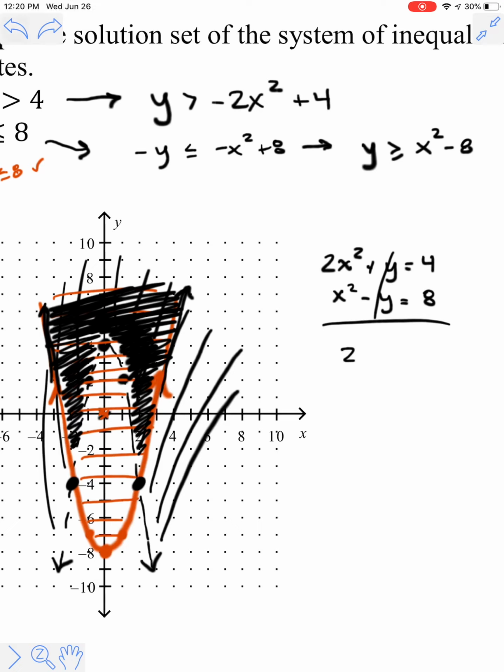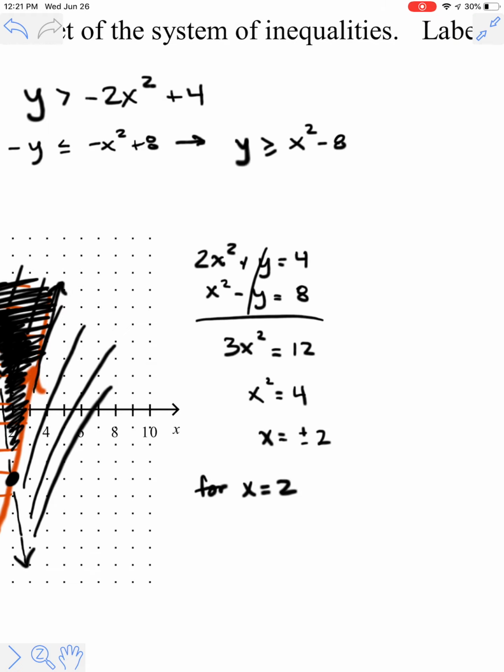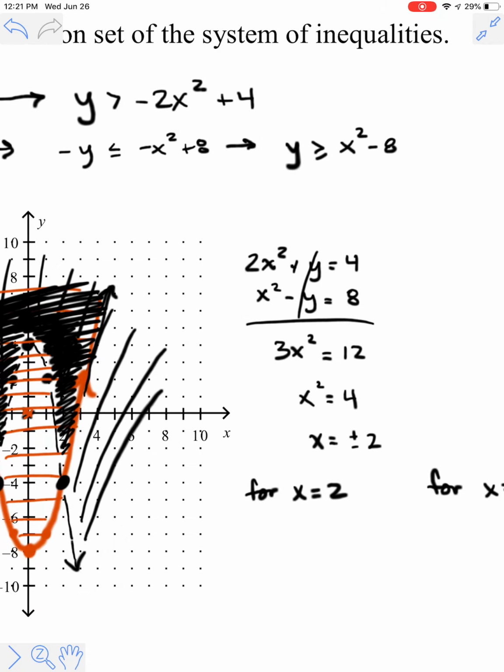Get 3x squared. So it looks like they intersect when x equals plus or minus 2. So I need to solve for y for both cases: when x equals 2, and when x equals negative 2.